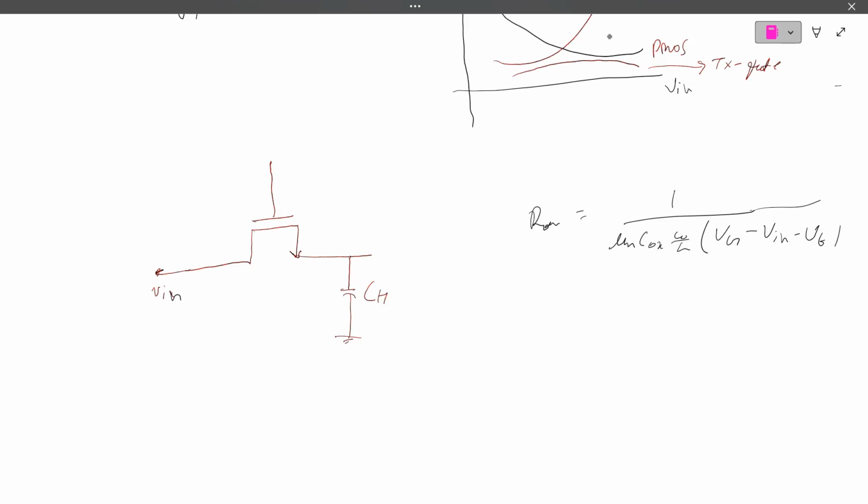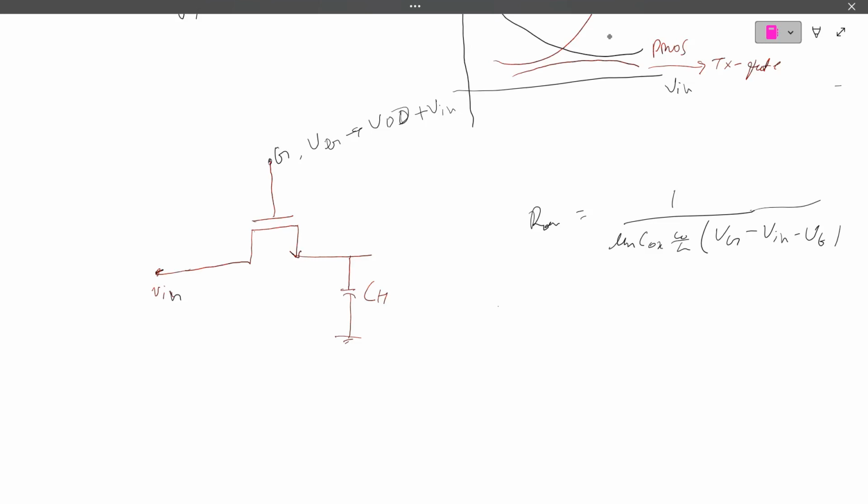So if we apply a high gate voltage like Vg, VDD, we get this kind of input dependent on-resistance. If I add the Vin here, this is the source, this is the gate.